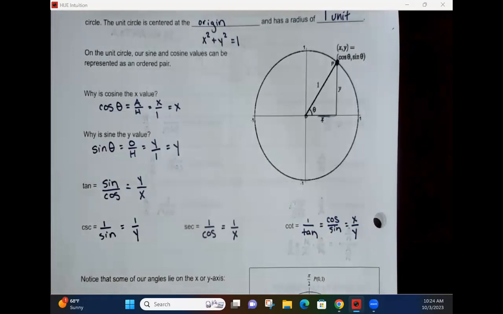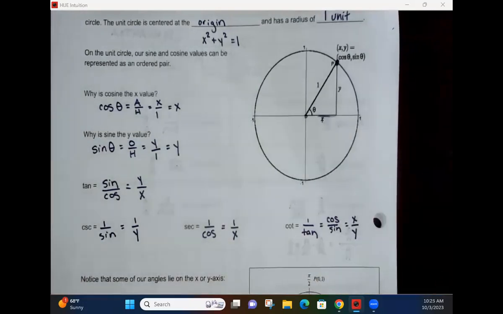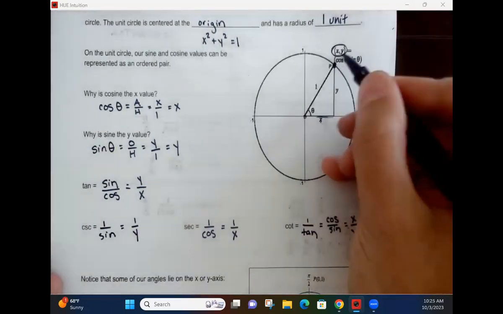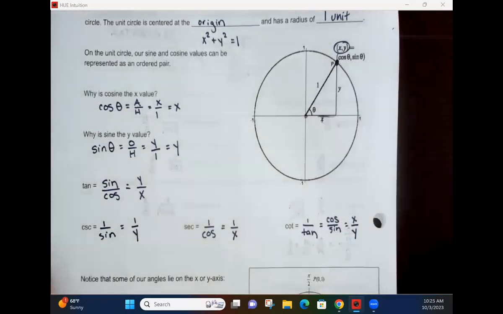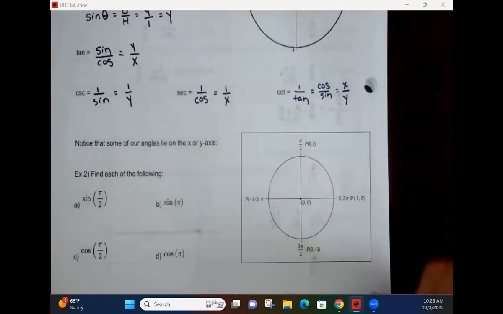So we're going to work through a few examples today of tying in those angles and radian measure that we just talked about, okay, with what would be the coordinate at the end of the radius on the unit circle. Now, some of our angles lie on an axis.